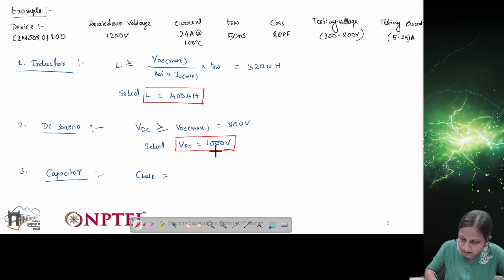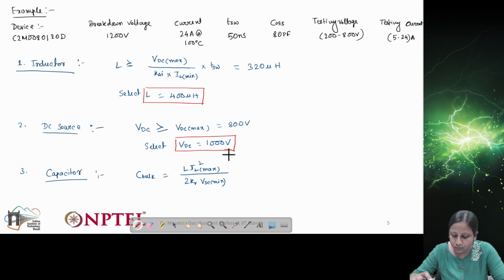The same formula I am writing here: L times IL, here we select the maximum inductor current, squared, divided by 2 into kV into VDC minimum.